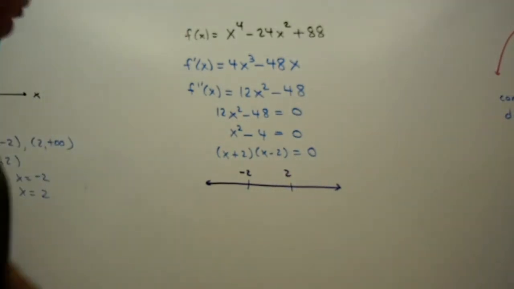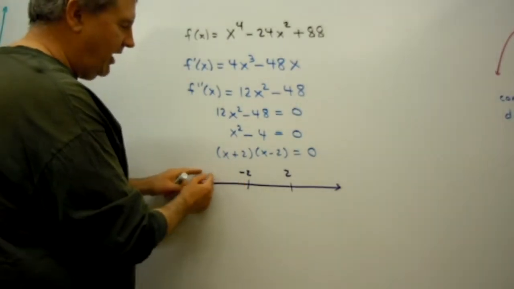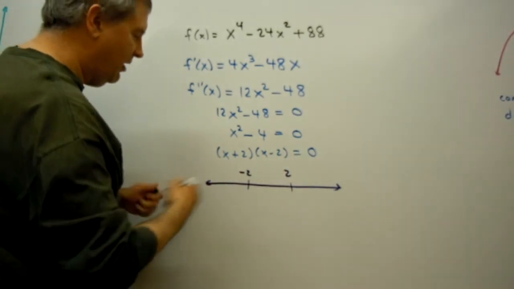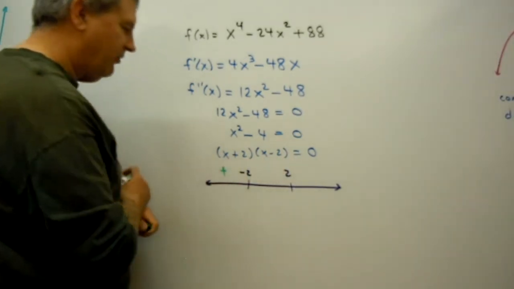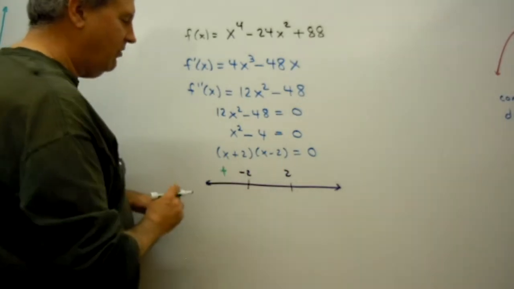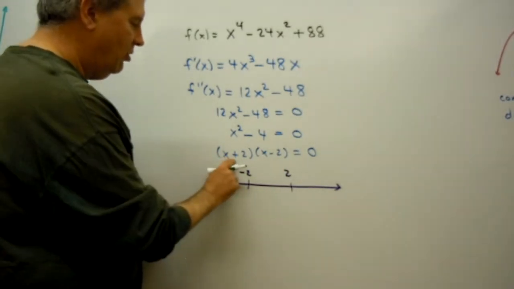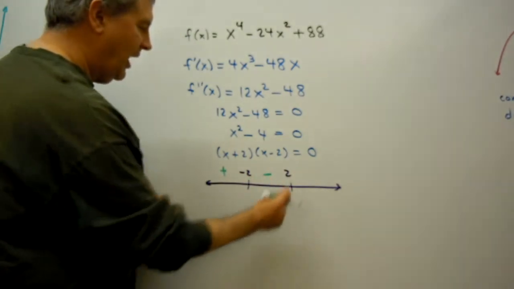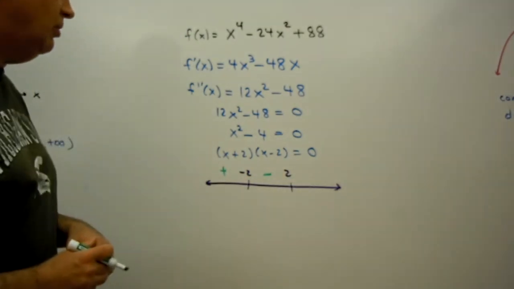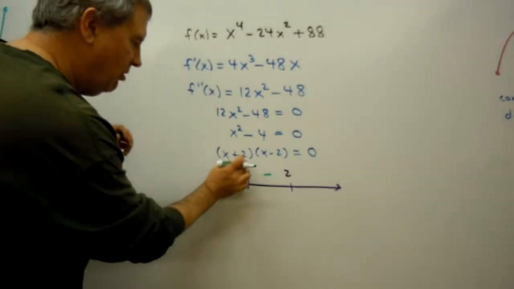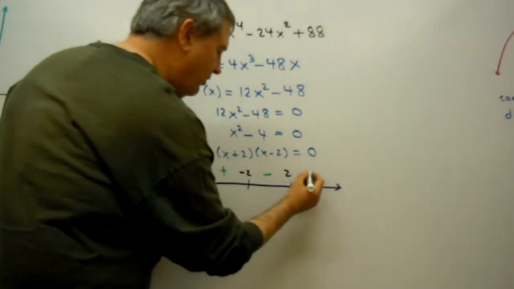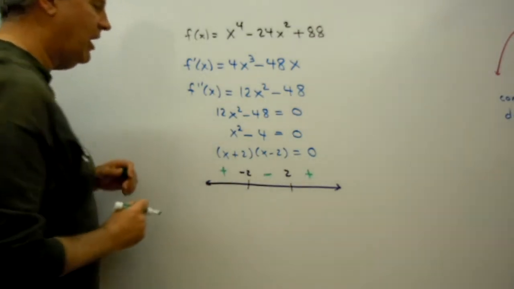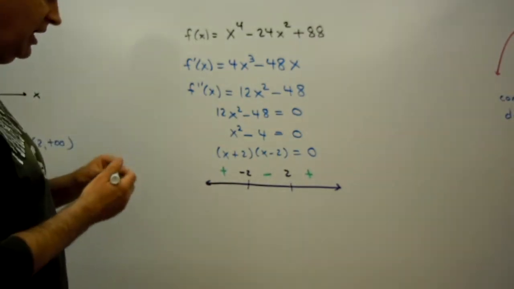And then for values less than negative 2, like negative 3 for instance, we would get negative times negative, which is a positive. In between negative 2 and 2, such as 0, we would get positive times negative, which is negative. And greater than 2, we would get positive times positive, which gives us positive. And again, we don't really care what those values are, just whether they are positive or negative.